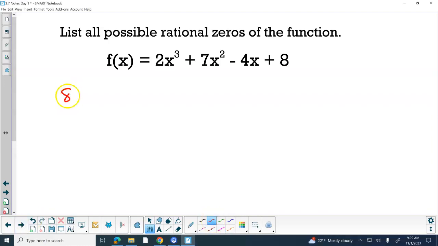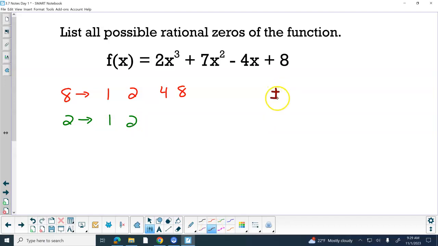So factors of 8. What do we got for factors of 8? 1, 2, 4, and 8, and then all the positives and the negatives, right? What do we got for factors of 2? 1 and 2.